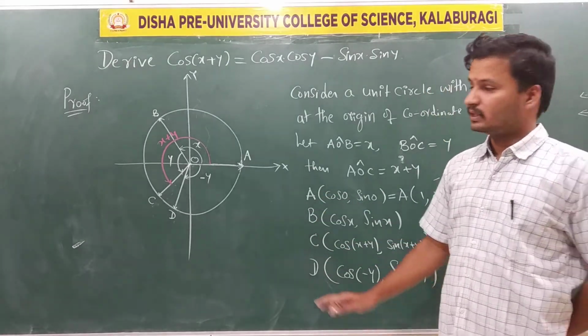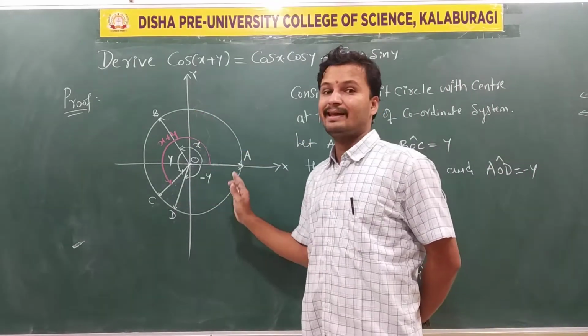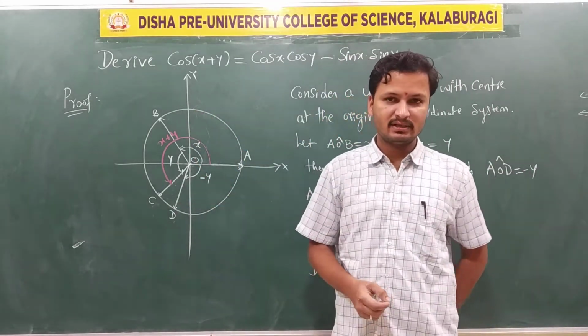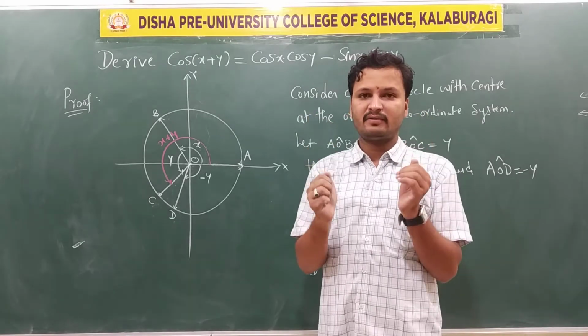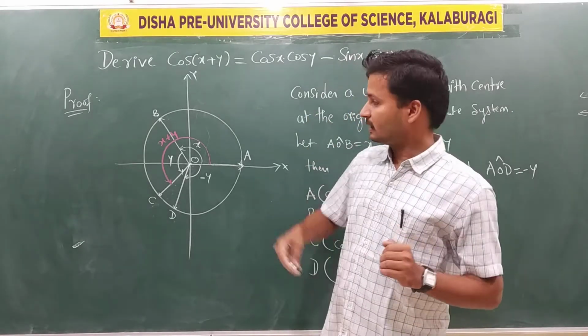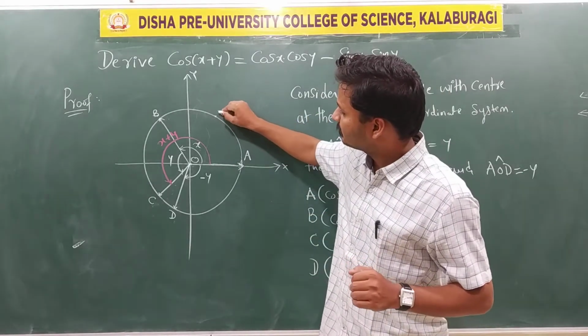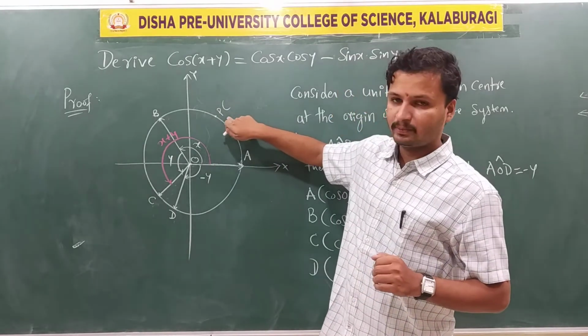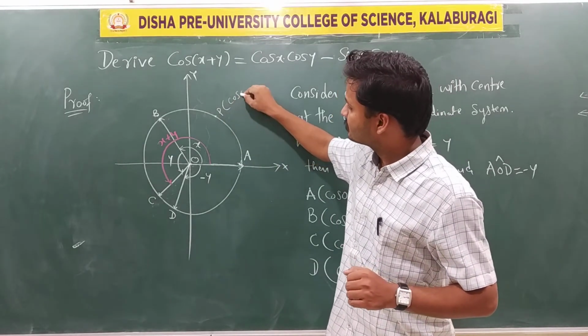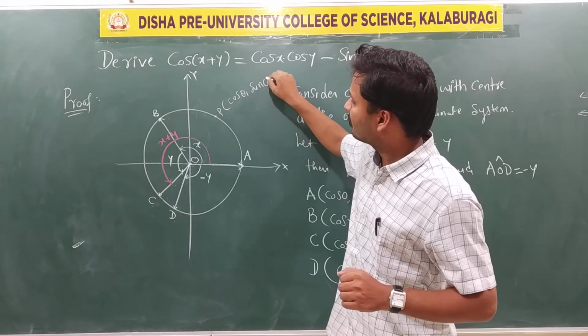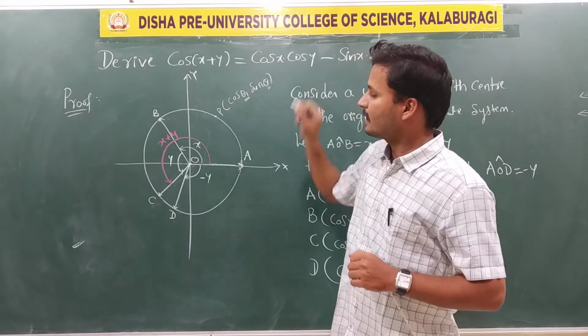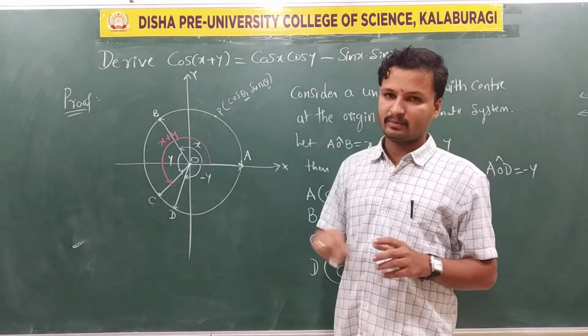How to write them? Any point on the unit circle can be written in terms of the cos function and sin function. Any arbitrary point P, whose coordinates can be written as cos theta comma sin theta. Here theta is the angle between the initial line and terminal line.